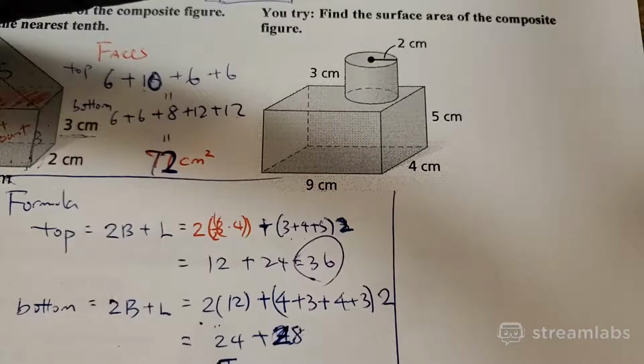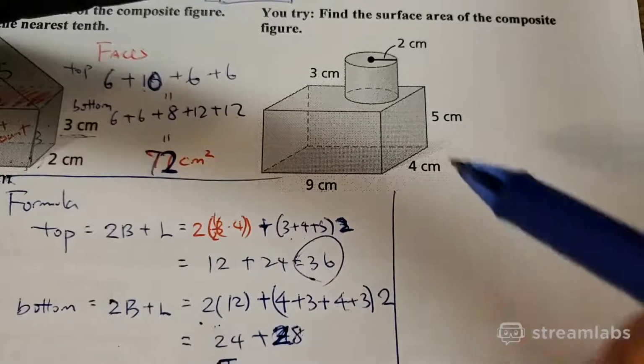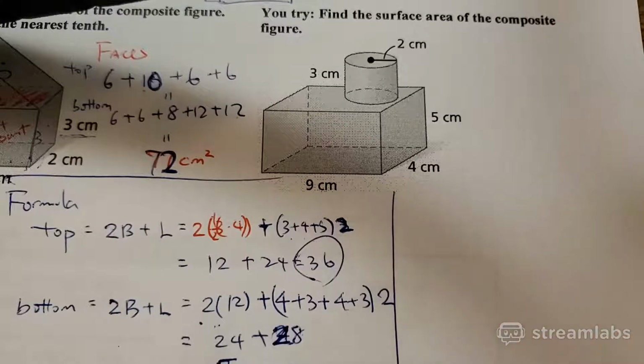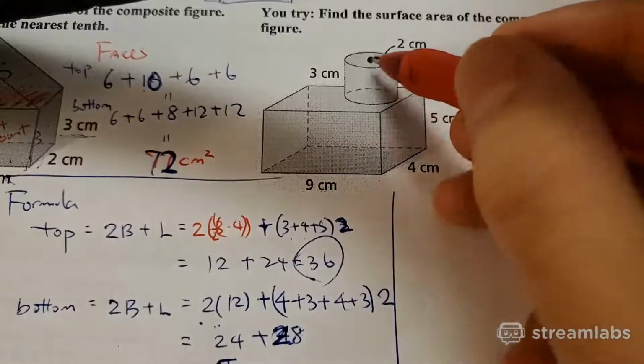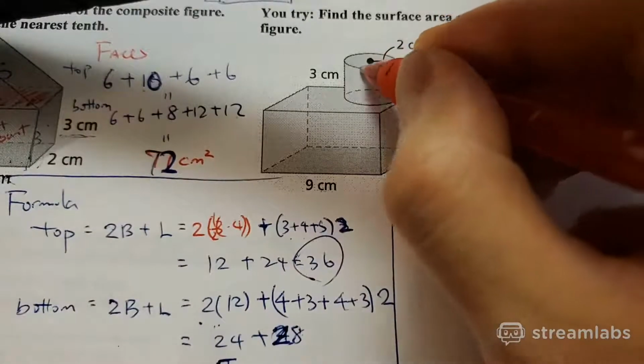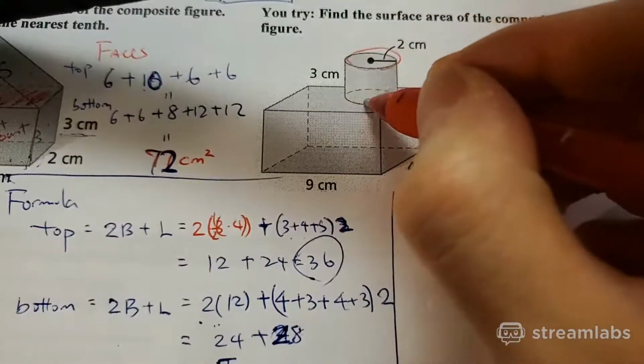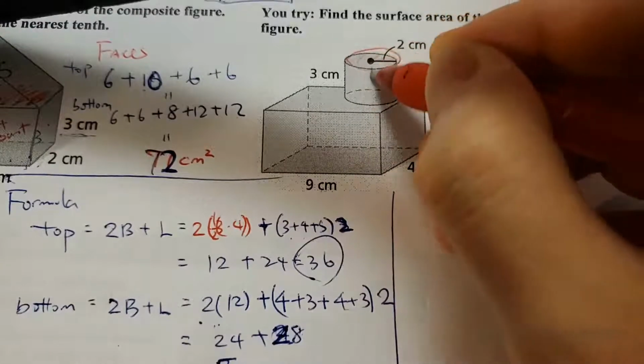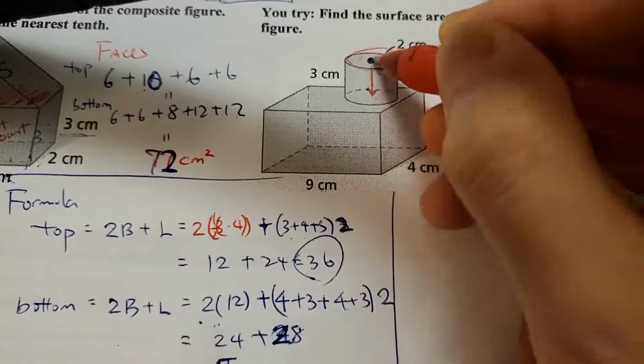Alright. So surface area for this. This one requires some manipulation. If you look at this, this surface needs to be counted, but this is not counted, right? So I'm going to move this down, like an elevator.